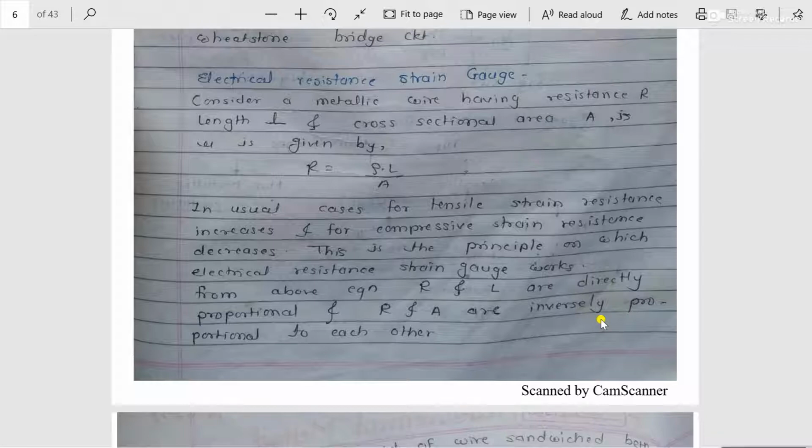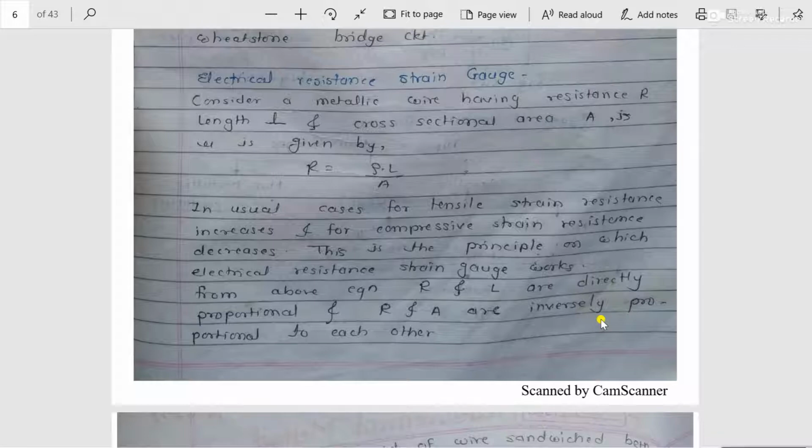For example, if the strain gauge is pasted on the specimen, it has a standard resistance value of 350 ohm. That 350 ohm is the standard resistance value before application of load. But if the load is applied, the resistance sometimes increases, from 350 to 450 ohm, or sometimes, according to the loading, the resistance decreases, from 350 to 250.